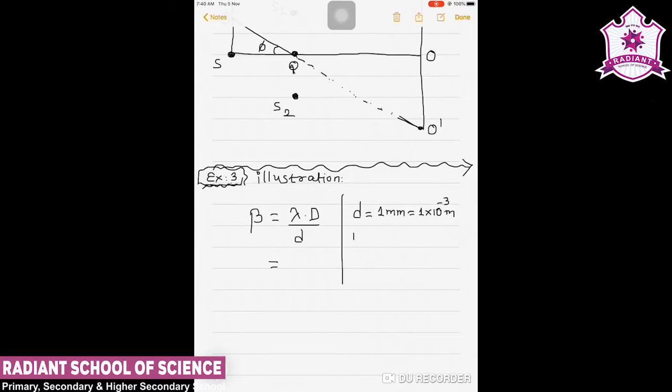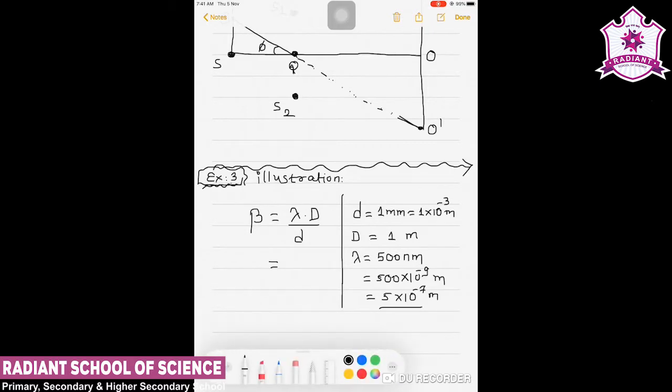Then capital D is given, that is 1 meter, and lambda is given, that is 500 nanometer. That means it is 500 into 10 raised to minus 9 meter, and that is 5 into 10 raised to minus 7 meter. So these are the three things that we are already given.